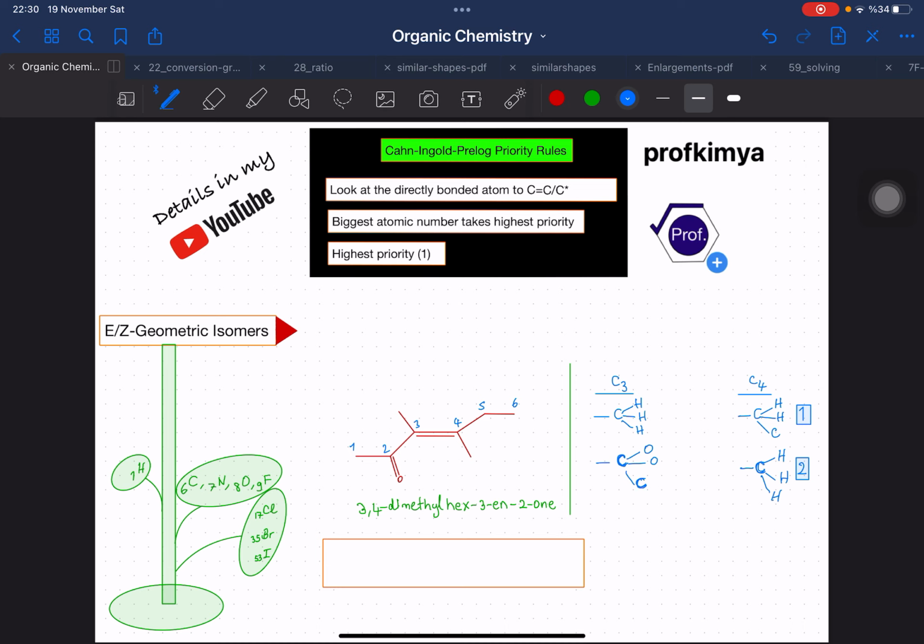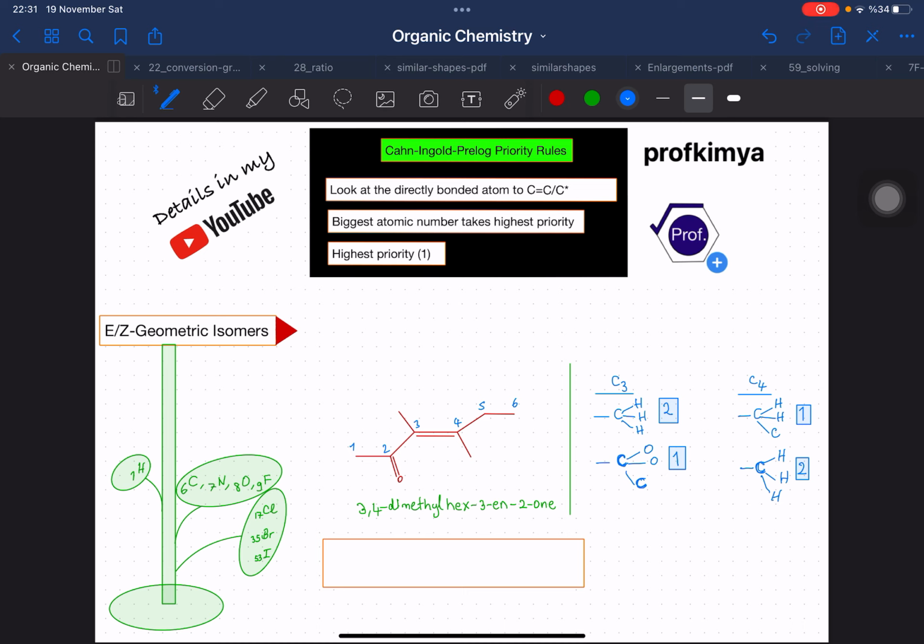As you can see, acetyl group has oxygen atom and carbon atom. Therefore, this acetyl group has the biggest priority. Number 1. Methyl group has the lowest priority.